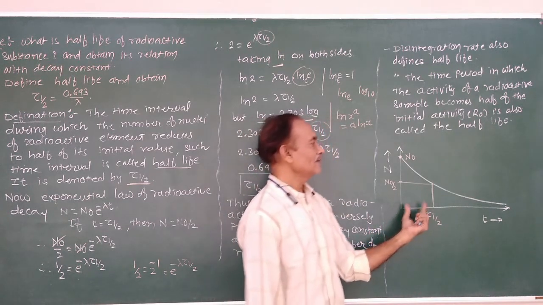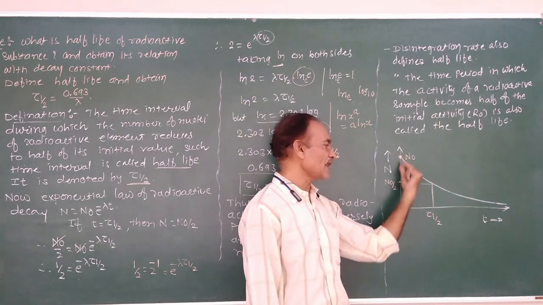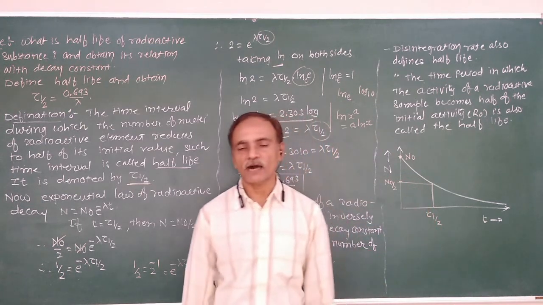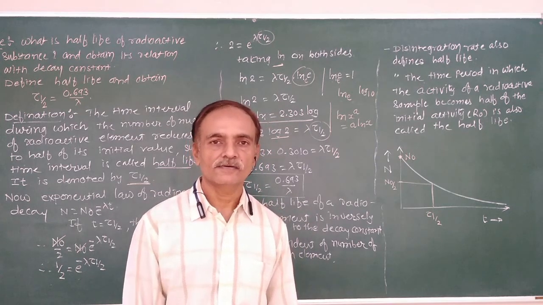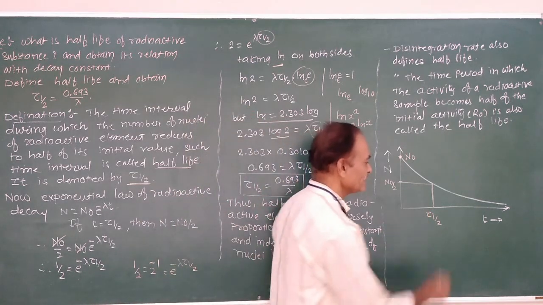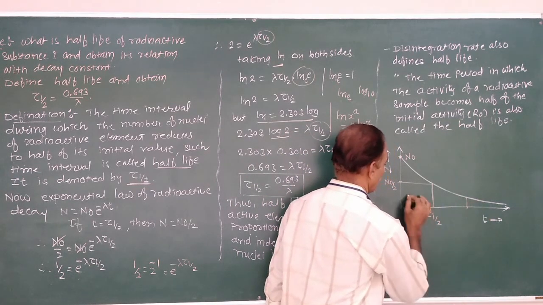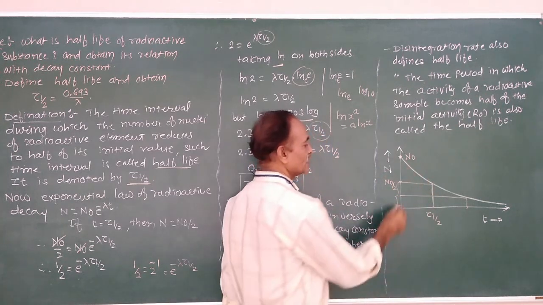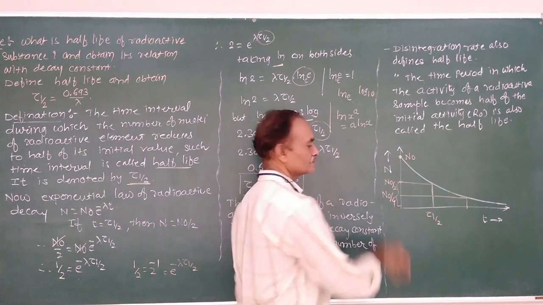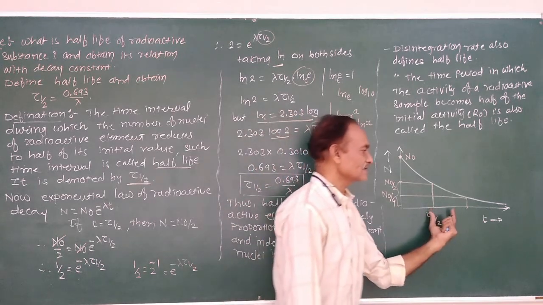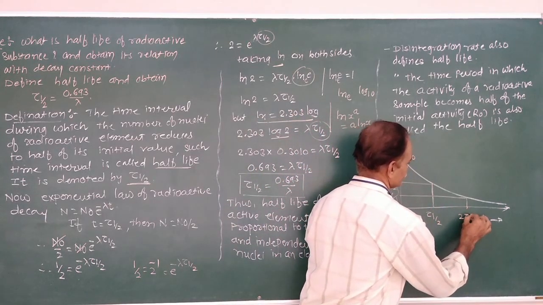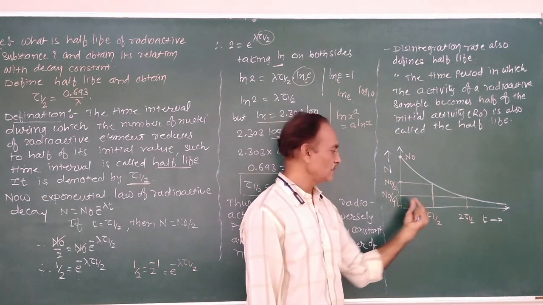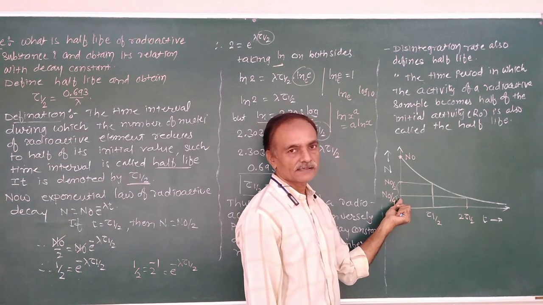For this time, the number of undecayed nuclei becomes half of the initial, so this time interval is our half-life, denoted by tau half. Already we discussed this in the decay curve. Again, in the same time interval, the number of undisintegrated nuclei becomes half of N0/2, therefore N0/4. In another tau half time, the third half-life, it again becomes half of N0/4, therefore N0/8. Right?